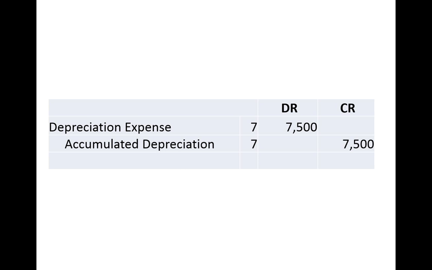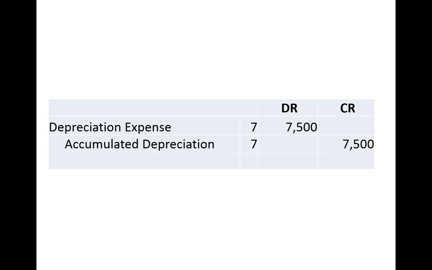So we need to get the depreciation to its correct value. So what we're going to do is we're going to debit depreciation expense for $7,500 and credit the accumulated depreciation for $7,500. So we've got parent at $15,000, the consolidated excess amount at $7,500. That gives us a total consolidated depreciation of $22,500.